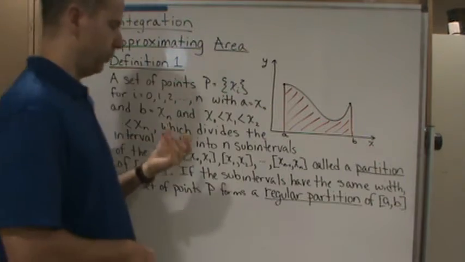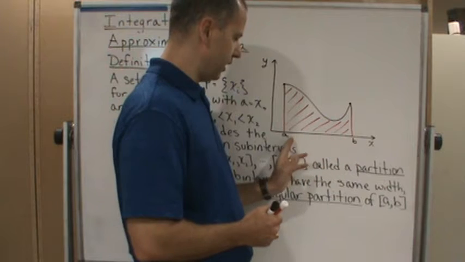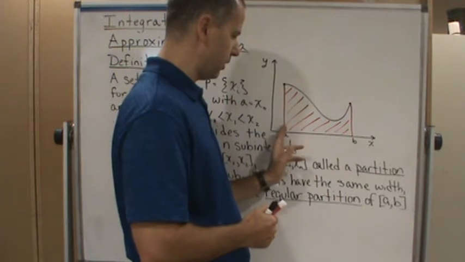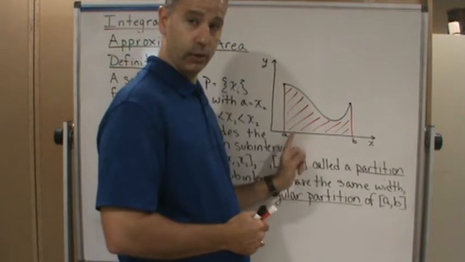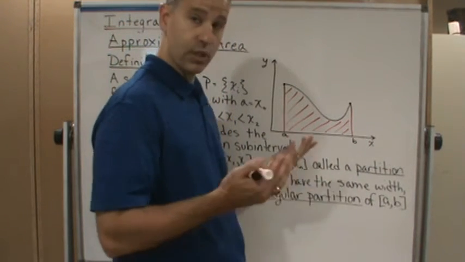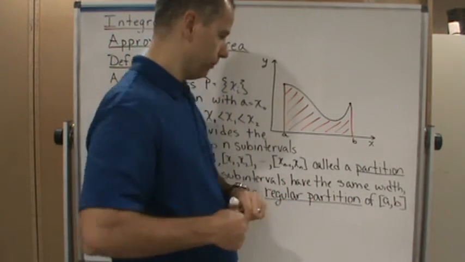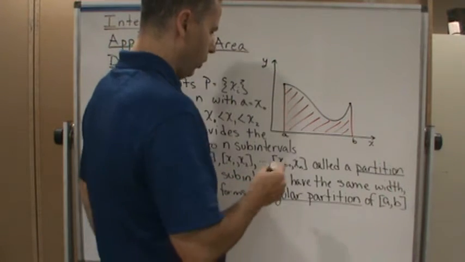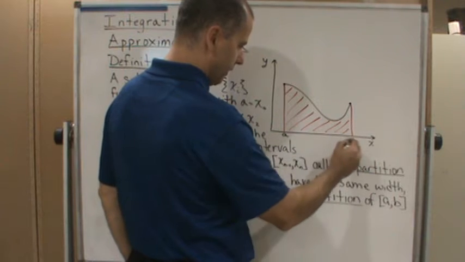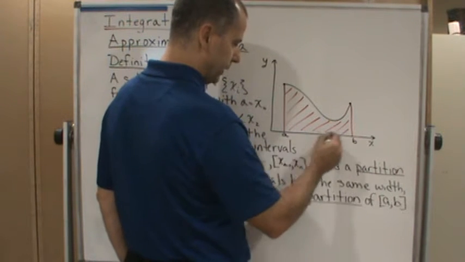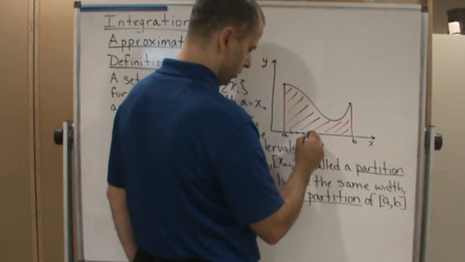So what do we want to do? Well, the first thing we want to do is take an interval. Let's say we want to find the area under this curve. We want to be able to divide the interval, the closed interval a to b, into subintervals. How do we do that? Let's say we want n subintervals. We're going to choose values of x in between a and b.